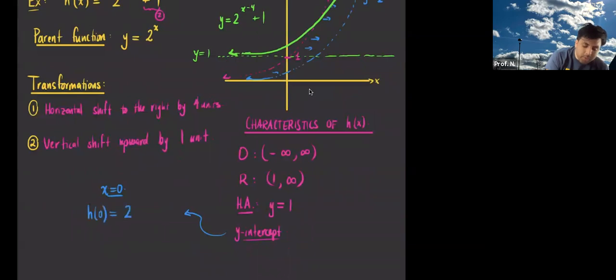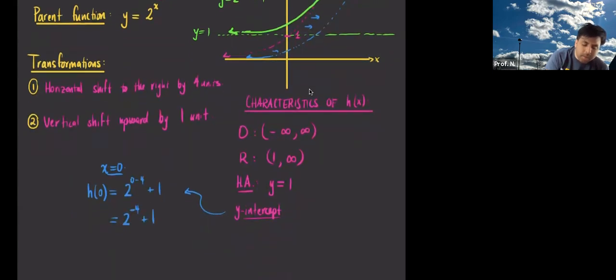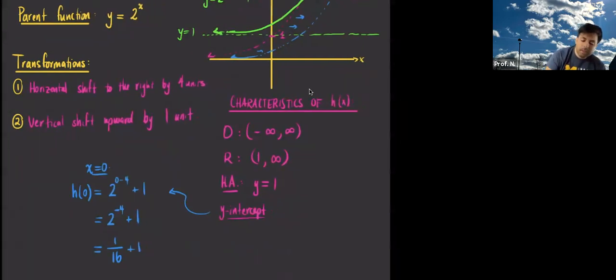H of 0 is 2 to the 0 minus 4 plus 1. This is 2 to the negative 4 plus 1. What's 2 to the negative 4? It's 1 over 16, right? Plus 1. And 1 over 16 is 0.0625. So when you add it, this becomes 1.0625.